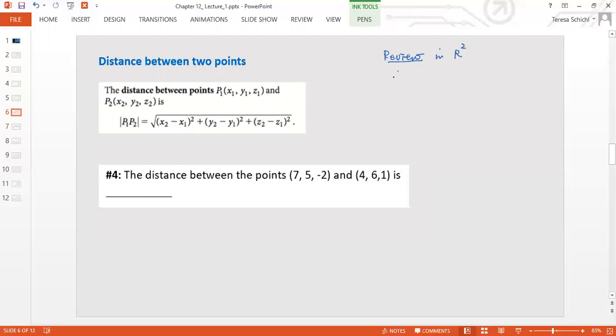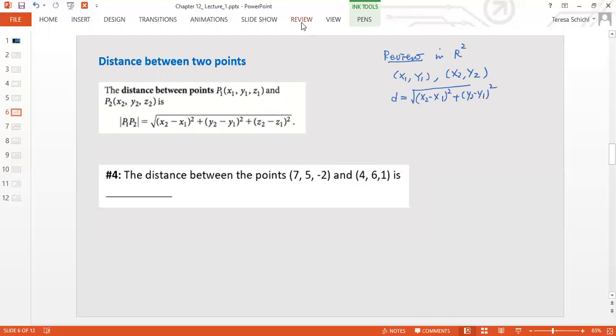So R2 will tell you, if you have two points (x1, y1) and (x2, y2), right? The distance between these two points, we all learned in algebra or geometry. So this will be the square root of (x2 minus x1) squared plus (y2 minus y1) squared, right? So that's what we learned before.